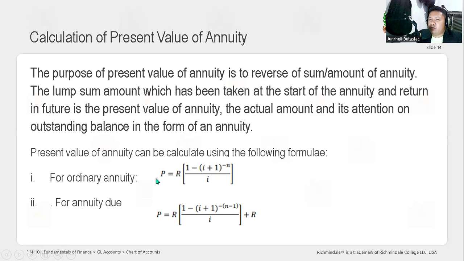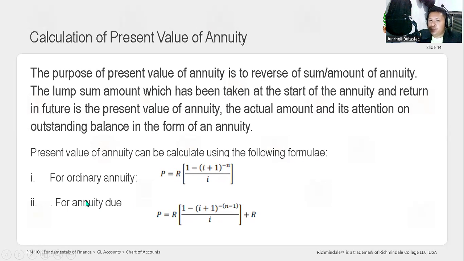For ordinary annuity, P is equal to R, open bracket, 1 minus open parenthesis, I plus 1, close parenthesis, raised to the power of negative n, over I, close bracket.